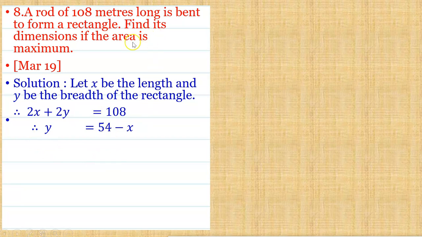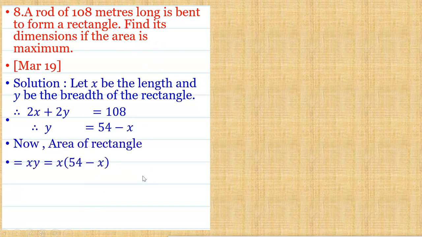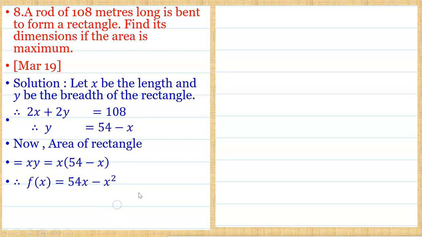Now what will the function be here? The area will be the function. The area of the rectangle, we must always be able to form this function, is x into y, that is x into 54 minus x, and if we simplify this, f of x is equal to 54x minus x square.